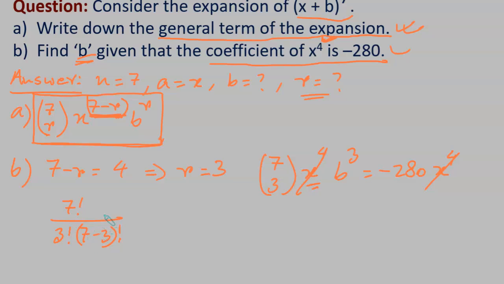In case this is a paper 1 question, you cannot avoid doing the simplification and getting the simplified answer. But for our session, now I'll be using the calculator to get the answer. And this times b to the power of 3 is equal to negative 280. And what is 7C3 equal to?